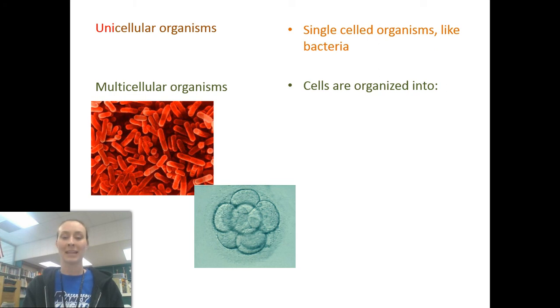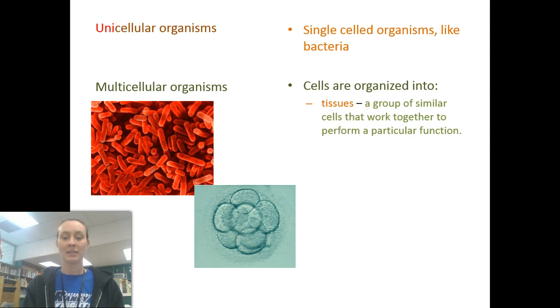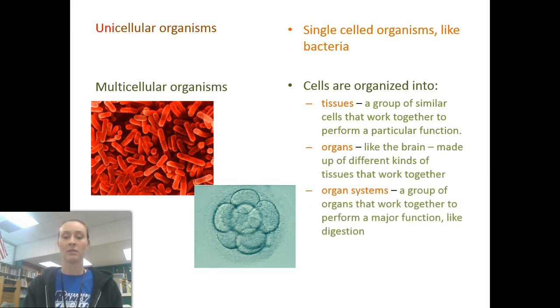Cells are organized into tissues, organs, organ systems, and organisms. If you think back to when we learned about the human body, you'll recall that specialized cells form tissues. Tissues are a group of similar cells that work together to perform a particular function.